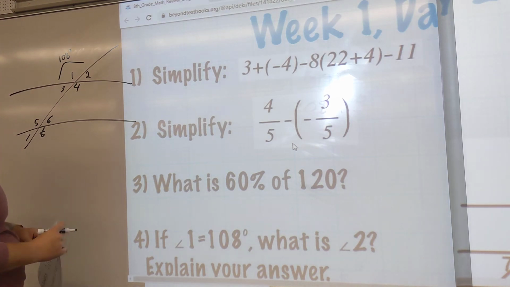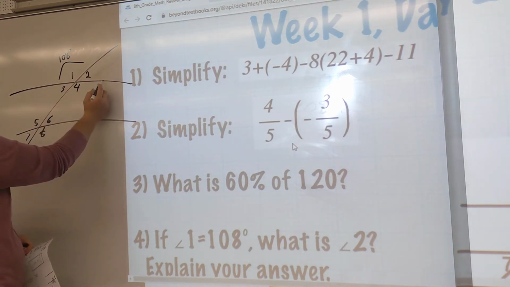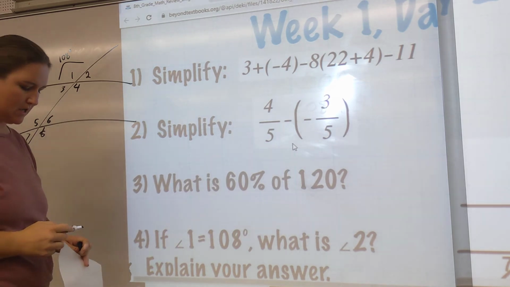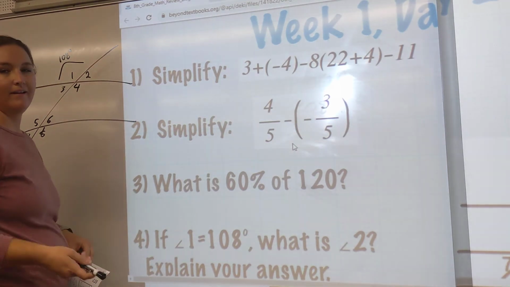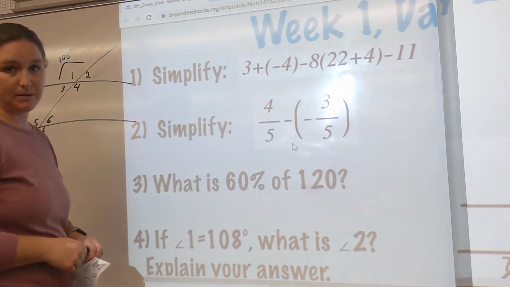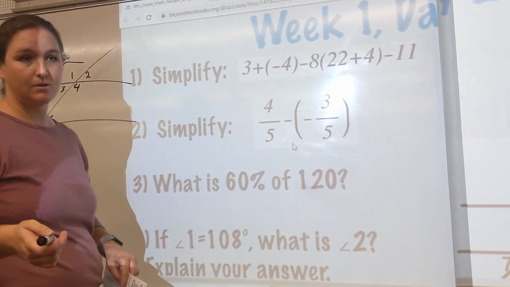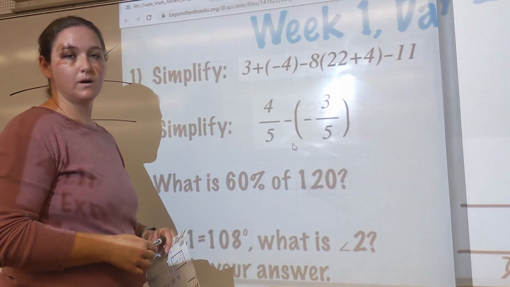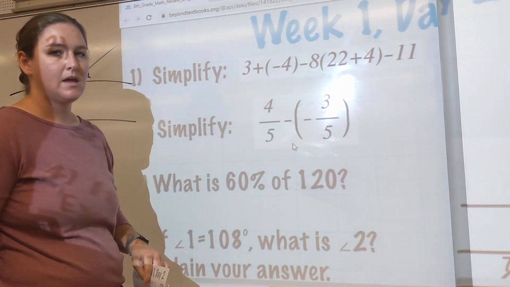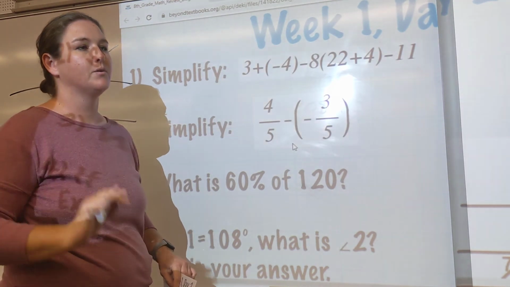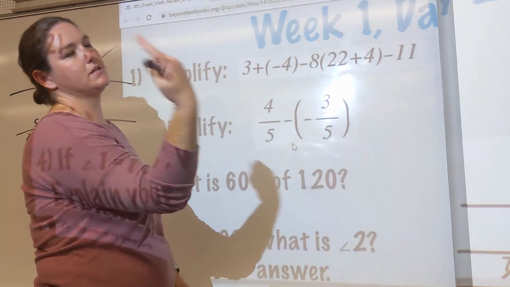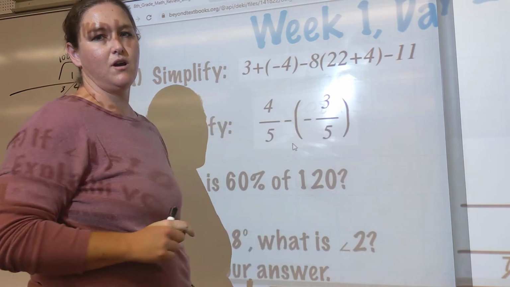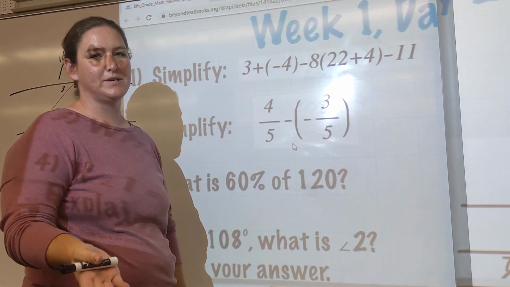Well, let's think about that. Do you remember something about a straight line and the angles that make up a straight line? Here is a way to remember it. For those of you who are doing sports or skateboarding, what do they call it when the skater is going one direction and he jumps up and does a whole circle and lands again? What do you call it? A 360.